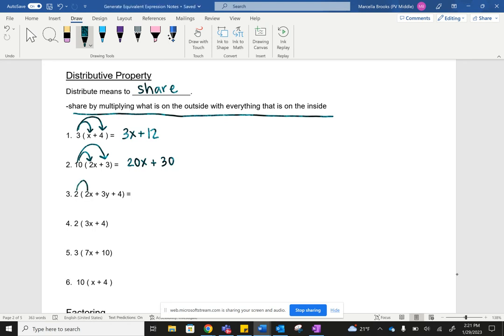2 is on the outside. I'm sharing it with everything on the inside. So 2 times 2x is 4x. 2 times 3y is 6y. I'm just multiplying here. And then 2 times 4 is 8. So I'm creating equivalent expressions by distributing the number that's on the outside of the parentheses.